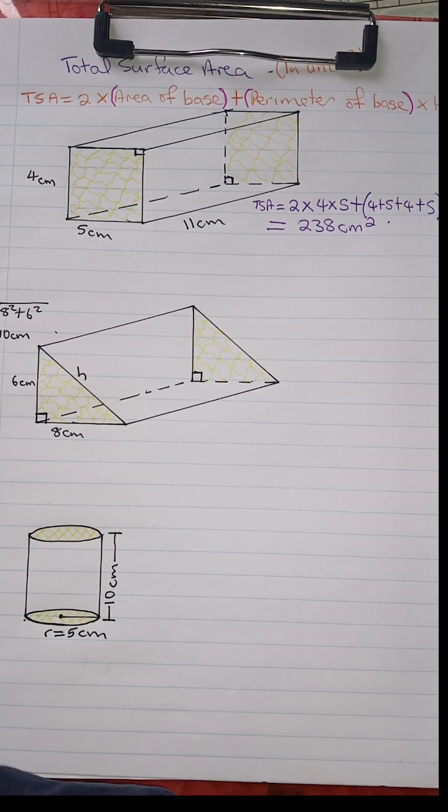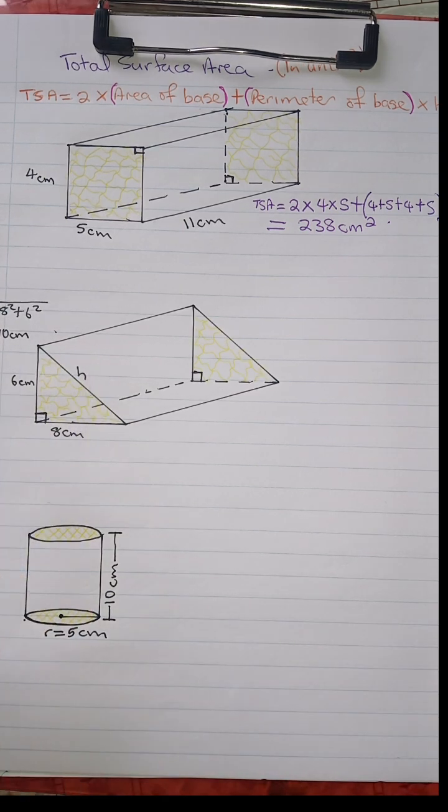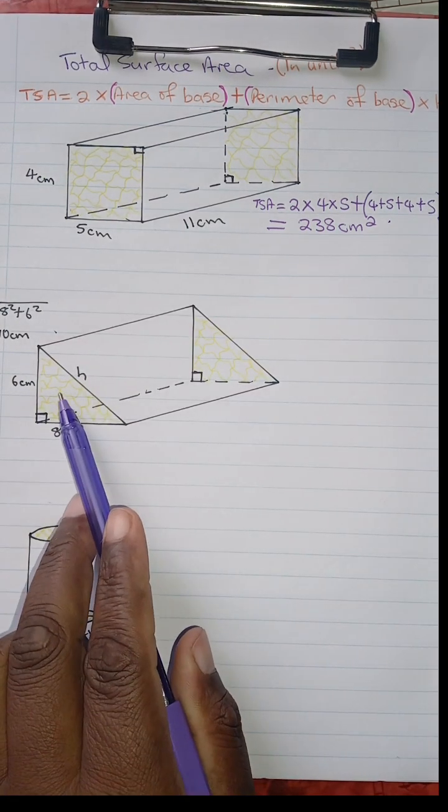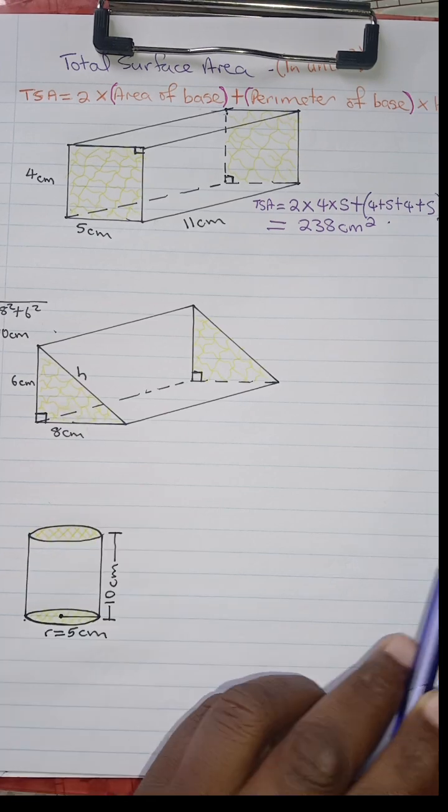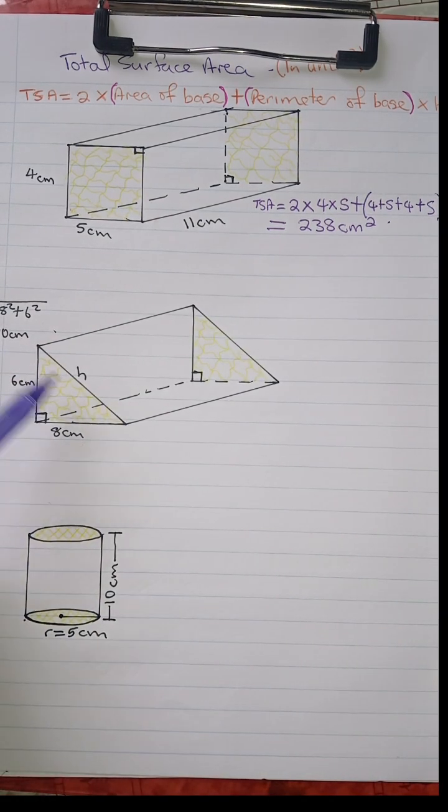We are using the same formula for all these shapes that we have here. Total surface area is equal to 2 multiplied by the area of the base plus perimeter of the base multiplied by the height. This time our base is a triangle.